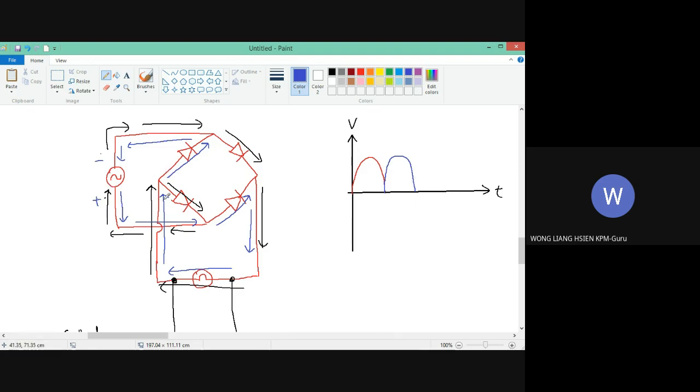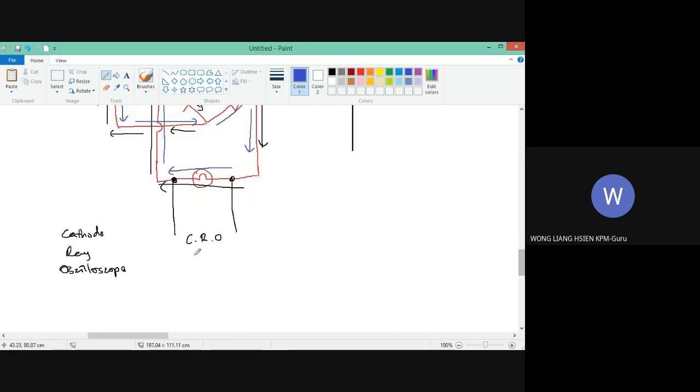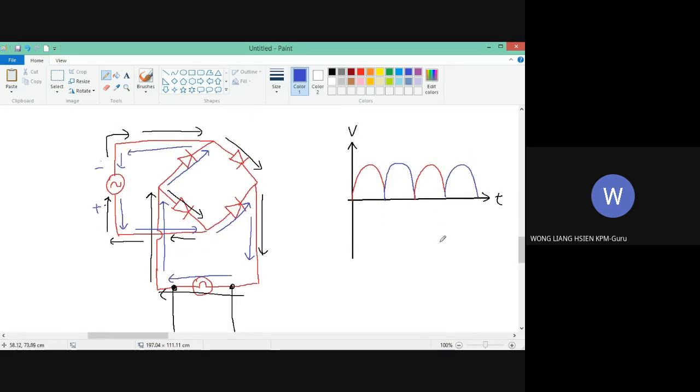So if it continues, reverses again, then it will become like this. And then changes direction again, becomes like this. So this is the graph that we can see appear on the cathode ray oscilloscope. You see or not?